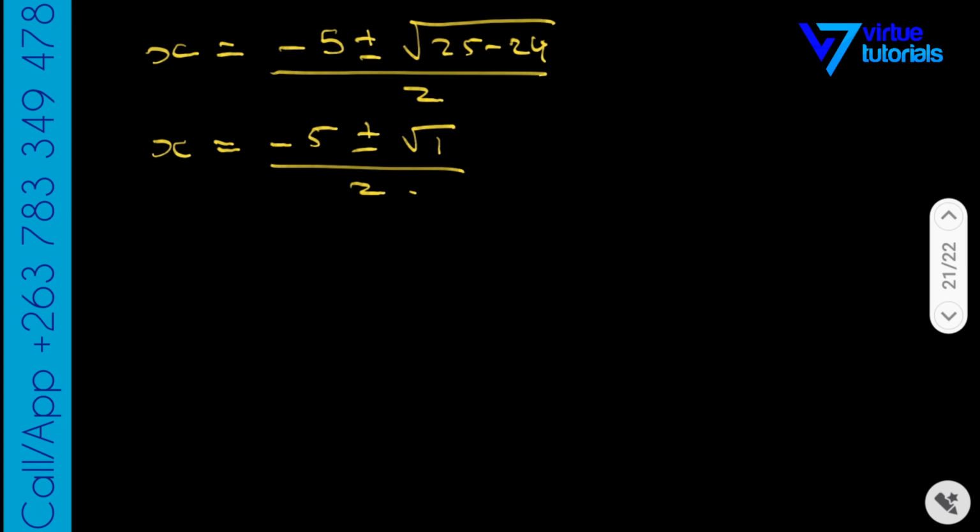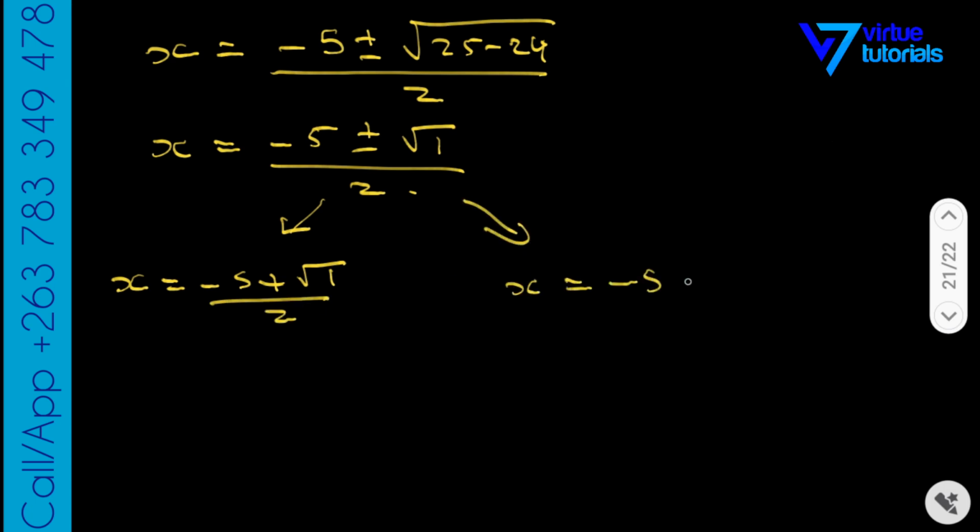So when I'm here, I can split this into 2, right? I can take one expression with a positive and one expression with a negative. So I'll say x is equal to minus 5 plus square root of 1 all over 2, or x is equal to minus 5 minus square root of 1 all over 2. So square root of 1 is 1. So minus 5 plus 1 over 2.